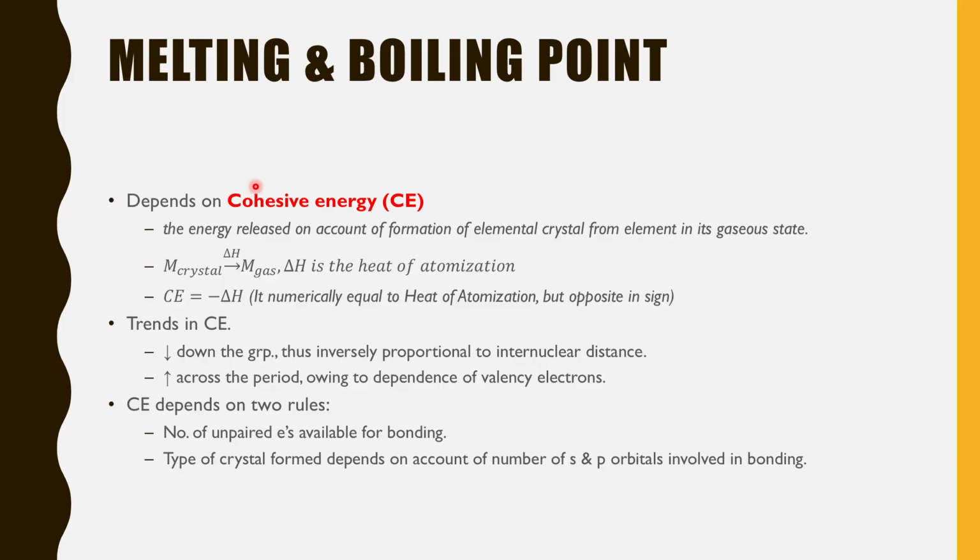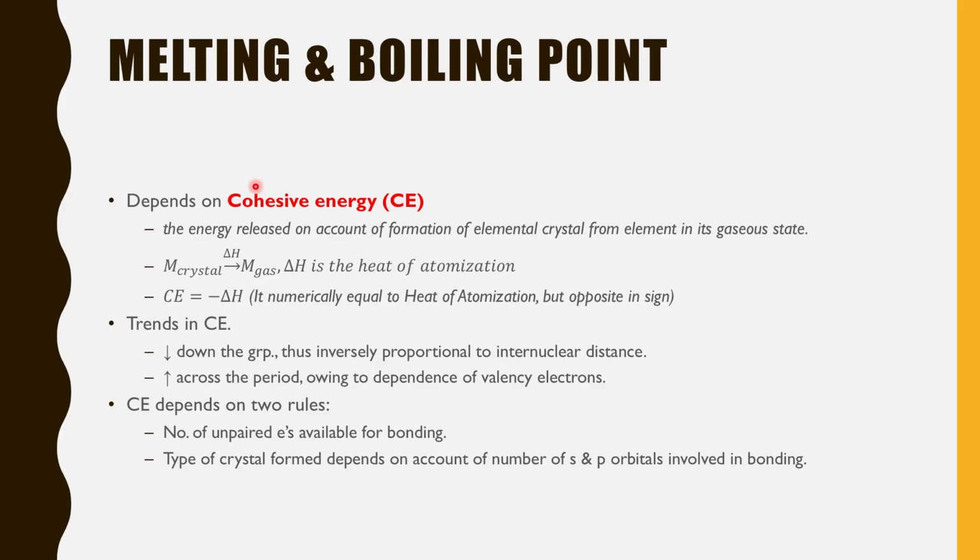If you talk about the different types of bonding that you find in elements, you will have metallic bonding, in ionic solids ionic bonding, covalent bonding, van der Waals, hydrogen bonding. So various different kinds of bonding you will find in various solids.